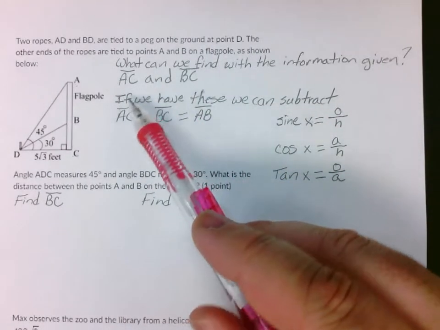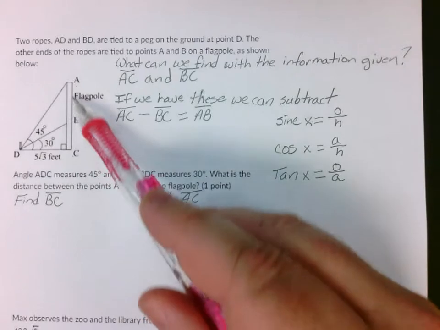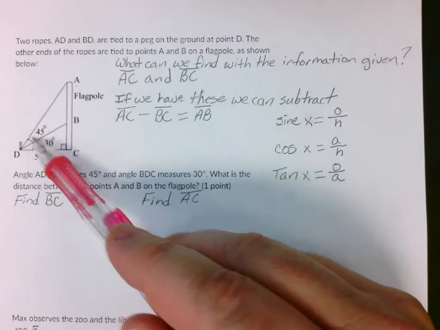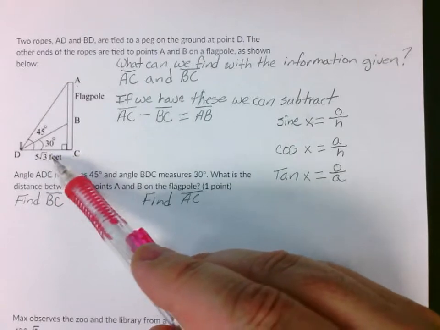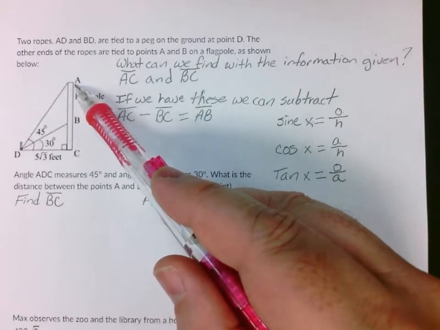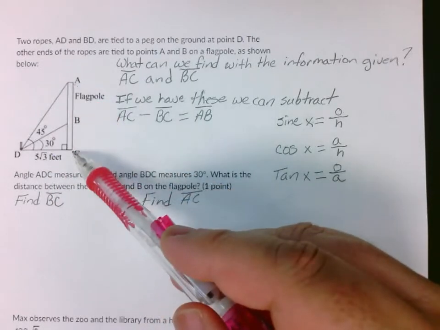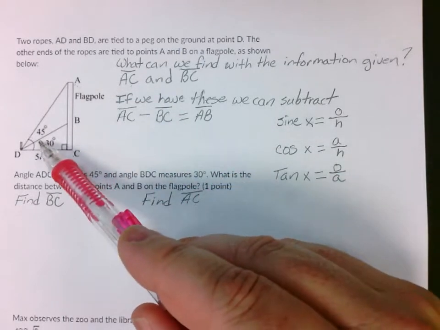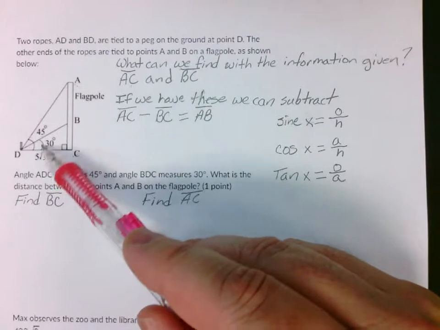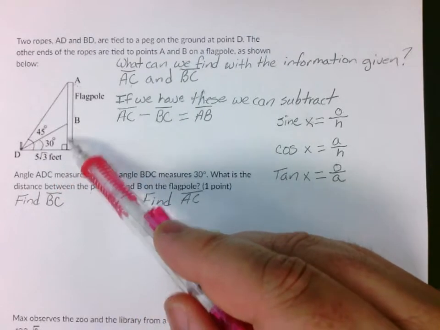Well, if I look at this, since I have this angle and this leg, I can find from here to here, AC. So I can find AC, okay? Then they give us this little angle right here. I can now find BC, okay?